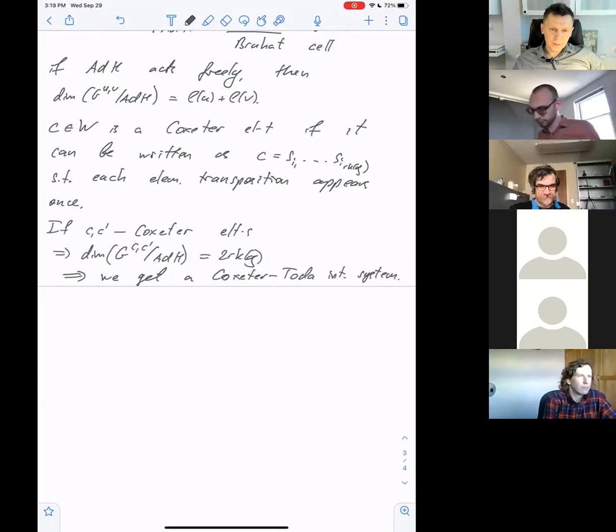Now, maybe I should make a remark here. Of course you can play the same game on other double Bruhat cells, and when you do it with arbitrary u and v, you get what people call generalized Toda systems. Reshetikhin showed that these are degenerately integrable, meaning that you don't have enough Hamiltonians, but you have the Hamiltonians plus a huge subalgebra of functions that commute with the Hamiltonians but is not commutative itself.